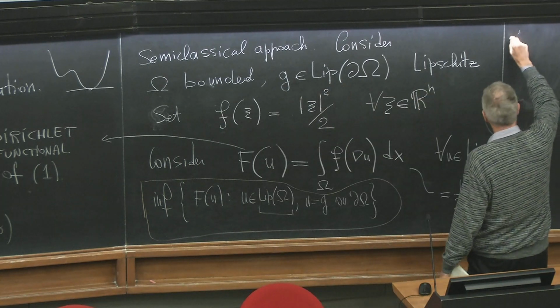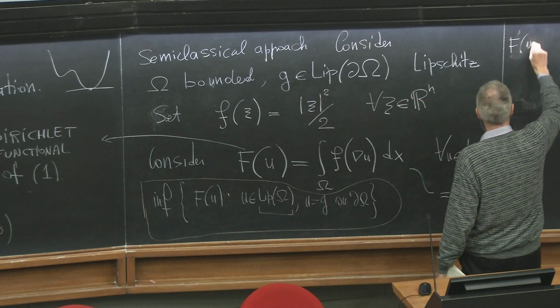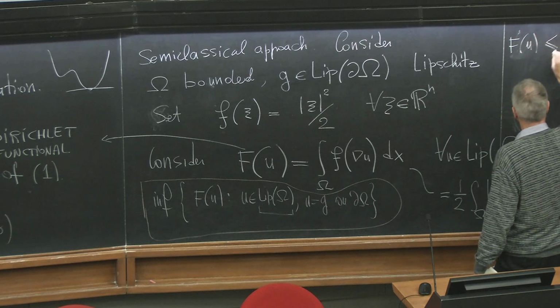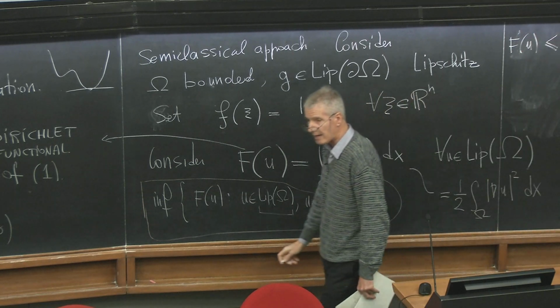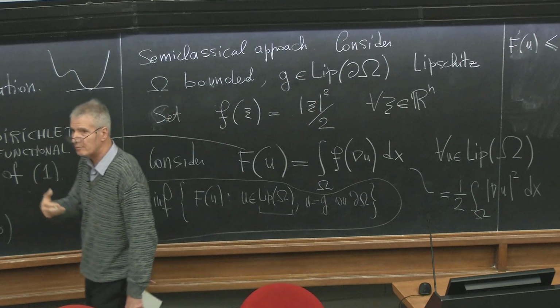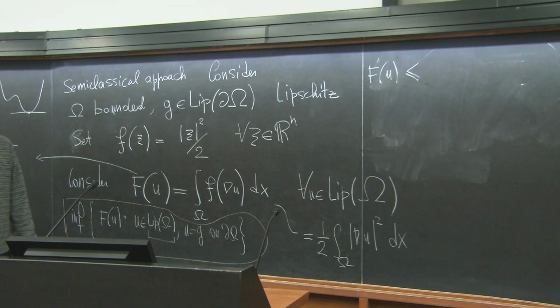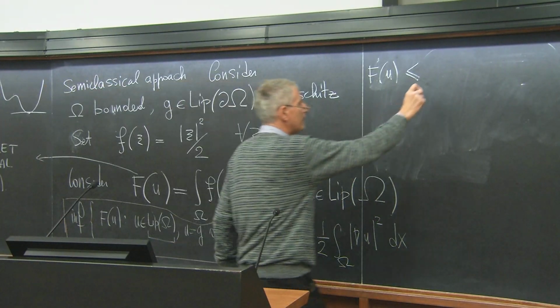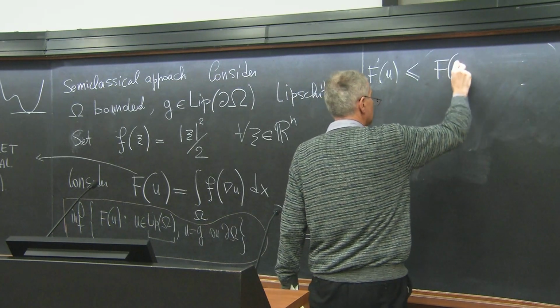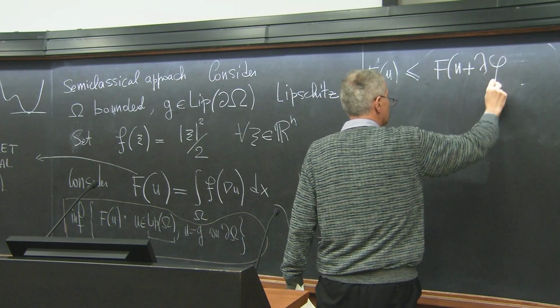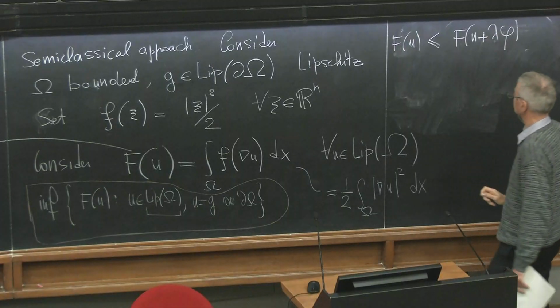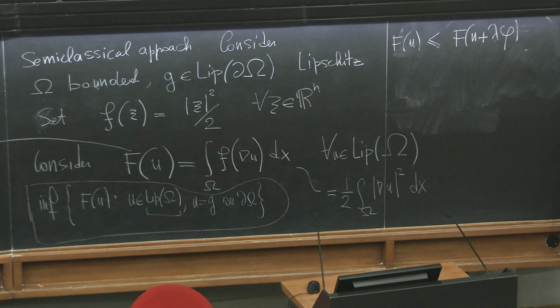I have that the Dirichlet energy, since u is a minimizer, cannot be larger than the energy of this competitor, for any real lambda.